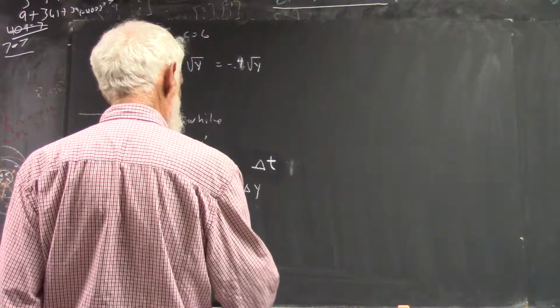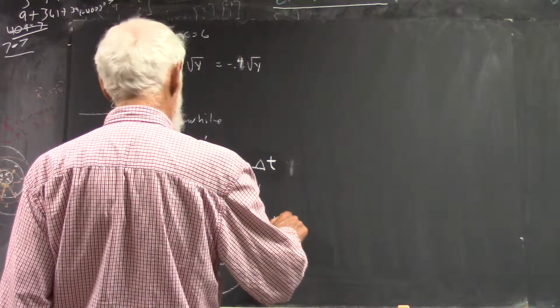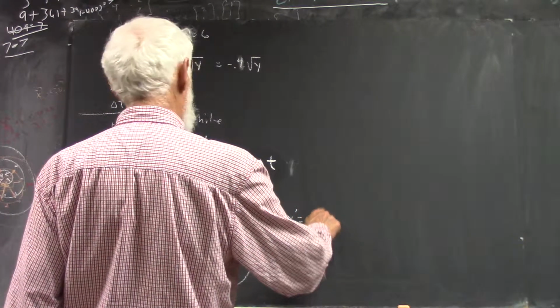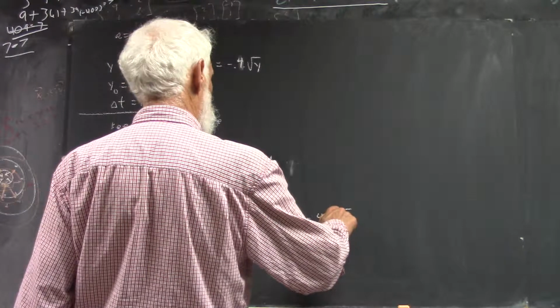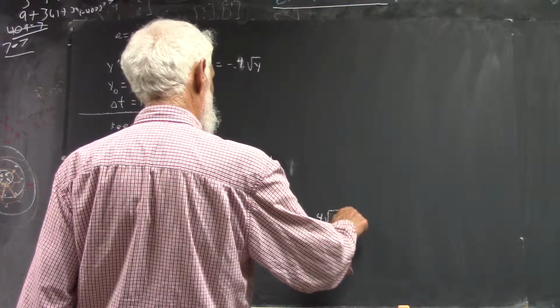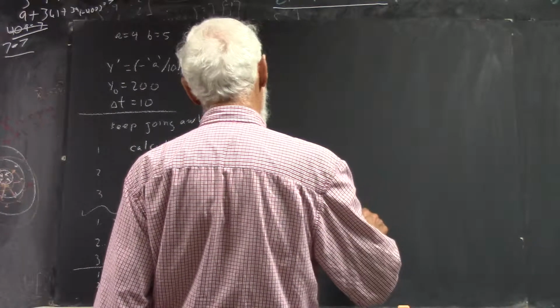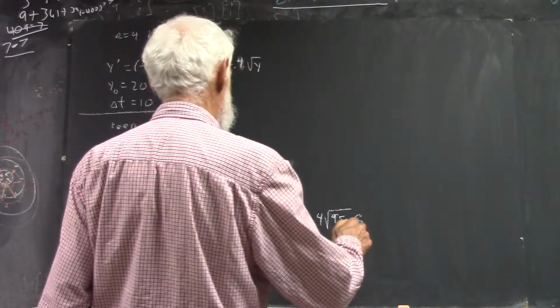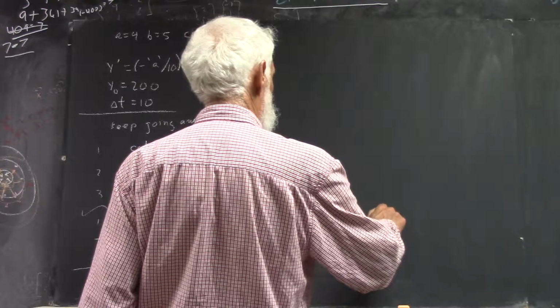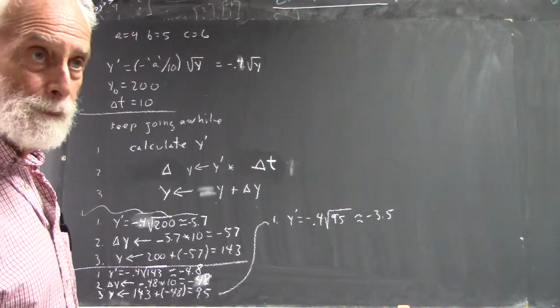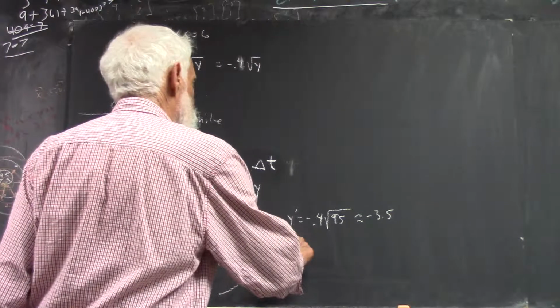And then step 1, that's all I'm going to do now. Y prime is going to be negative 0.4 times the square root of 95. Okay? And that's approximately negative 3.5, probably. I'm pretty sure about that. Okay? Etc.